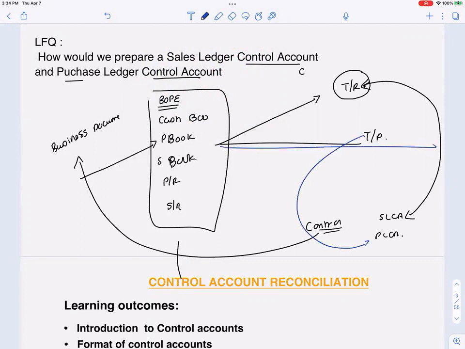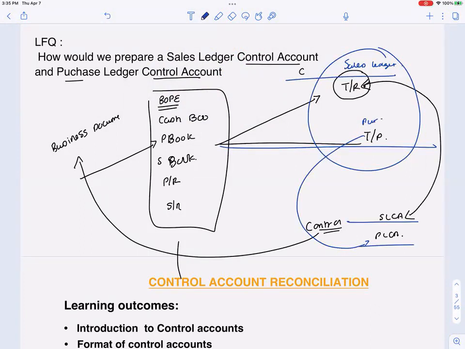This is prepared in which ledger? Trade receivable account is prepared in which ledger? Sales ledger. Trade payable account is prepared in which ledger? Purchase ledger. SLCA and PLCA is prepared in which ledger? In the general ledger.